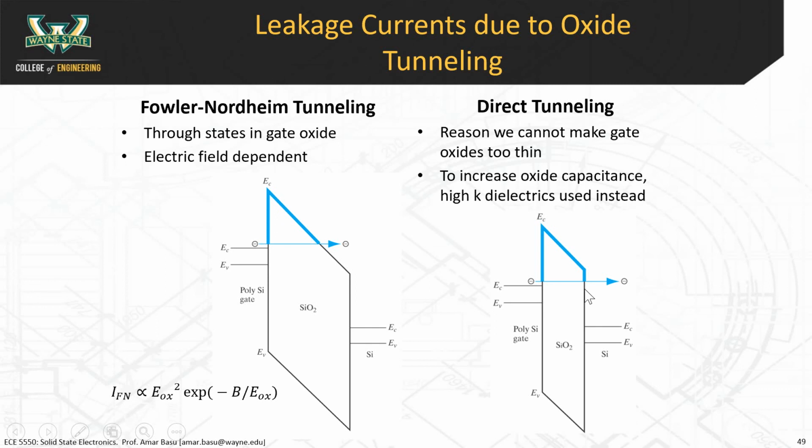But if the oxide layer happens to be super thin, when it becomes very, very thin, the probability of tunneling, which means going through a region of no energy states and finding energy states on the other side of it, goes up exponentially.